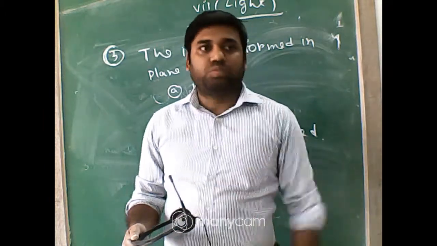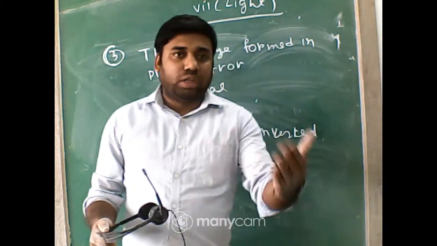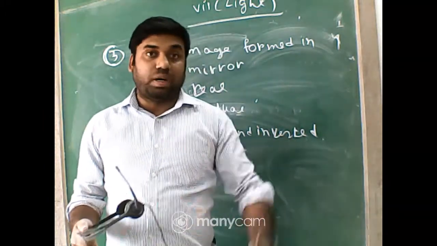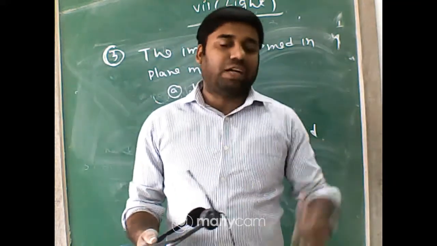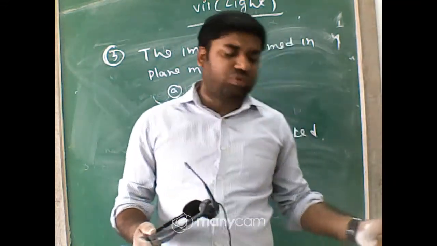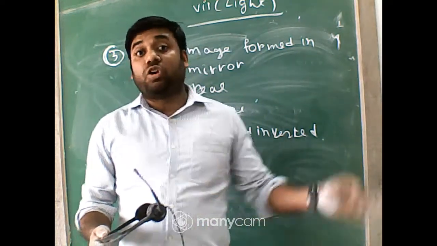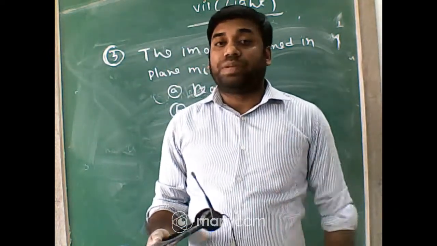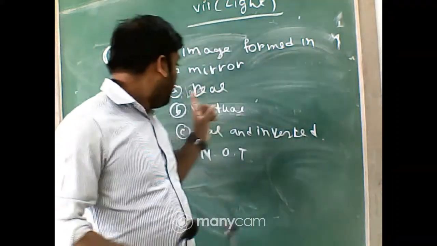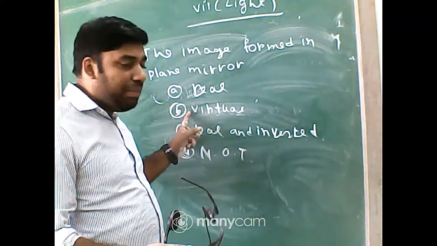What we see in front of a plane mirror is a virtual image. Just before, in the first question, I discussed that a virtual image cannot be obtained on the screen, while a real image can be obtained on the screen. So the answer is virtual: the image formed in a plane mirror is virtual.